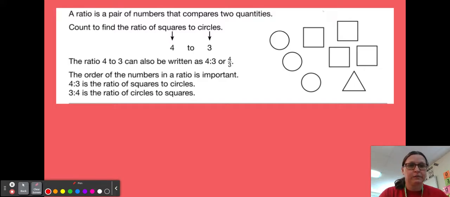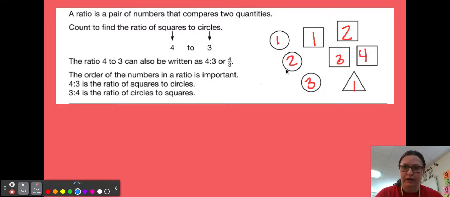So when I'm looking at this diagram up here, I see that there are 1, 2, 3 circles. There's 1, 2, 3, 4 squares, and there's 1 triangle. So if I'm comparing squares to circles, there are 4 squares to 3 circles.